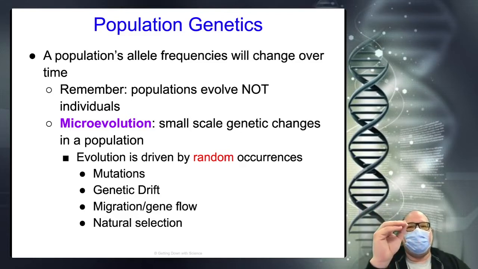Mutations are random. Genetic drift is random. Migration and gene flow are random. Natural selection is random, like what things in the environment are going to change the frequency of the alleles. Okay, these are a list of them. We're going to talk about these individually, so just stick with me.